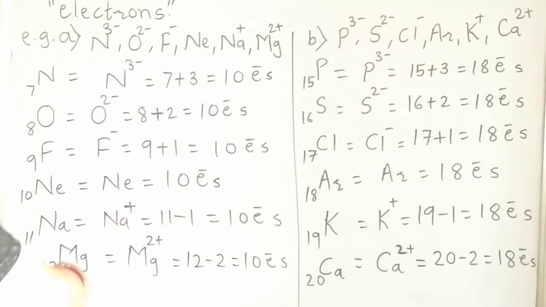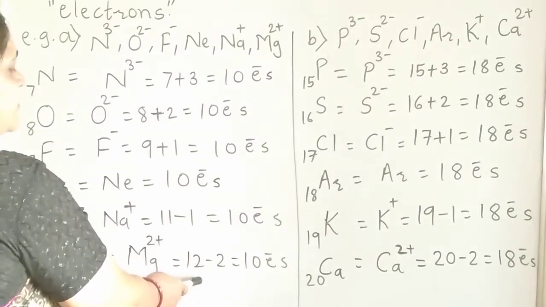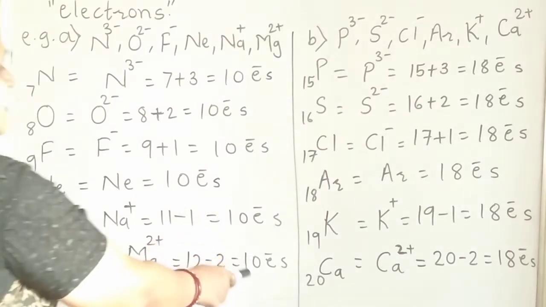Now the next example is the Mg2 plus ion. Magnesium has atomic number 12. The magnesium atom contains 12 electrons when it is neutral, but carrying 2 positive charges indicates that 2 electrons are lost. To calculate the electron number in the magnesium ion, we deduct 2 from 12. So 12 minus 2 gives 10 electrons.